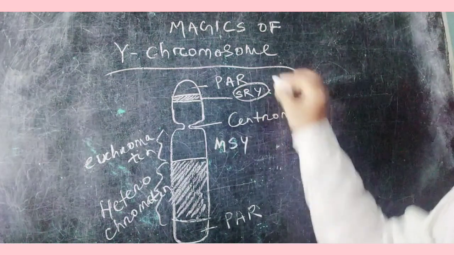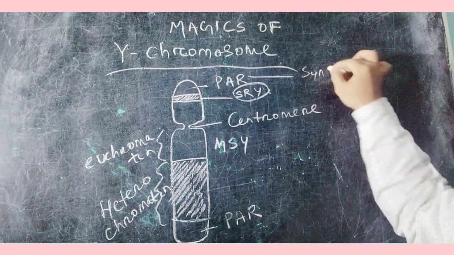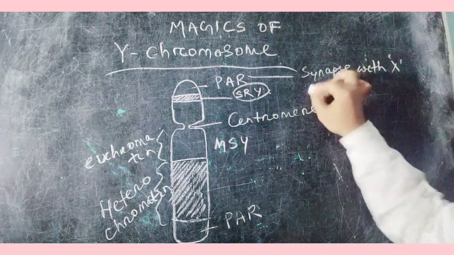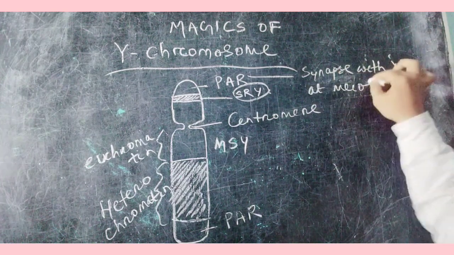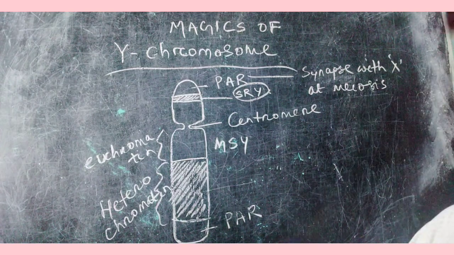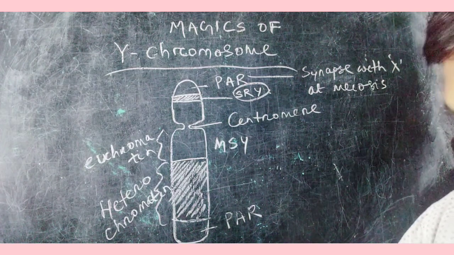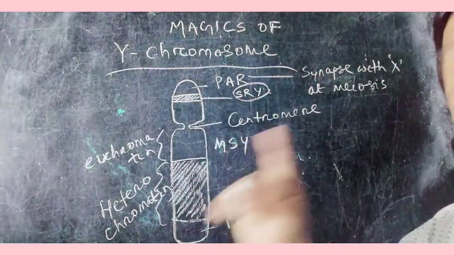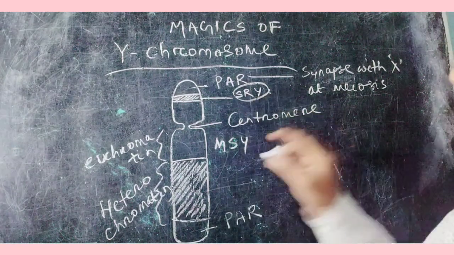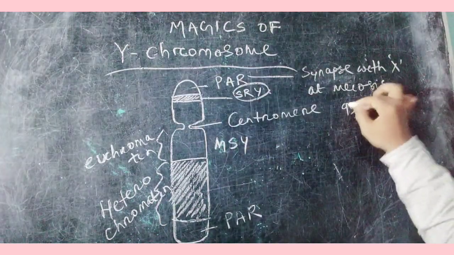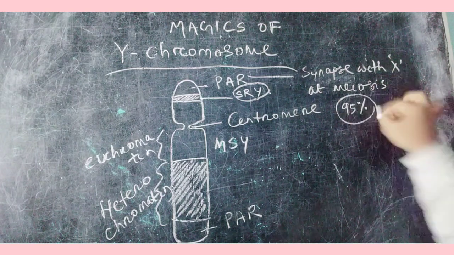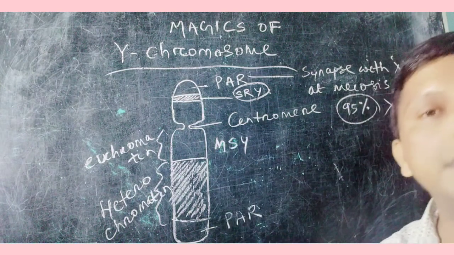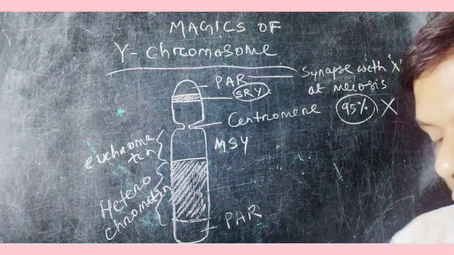When the synapse is formed, it helps in forming synapse with the X chromosome at meiosis type of cell division. 95% of it does not combine; out of the pseudo-autosomal genes, 95% are not involved in the process of meiosis. Only 5% of these genes produce synapse. Clear?